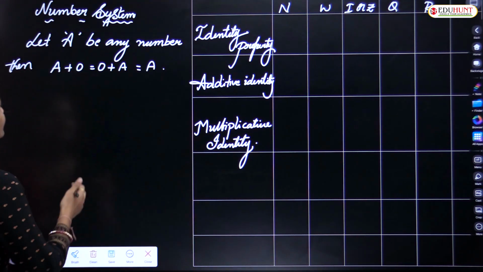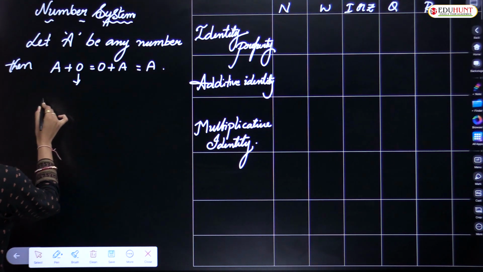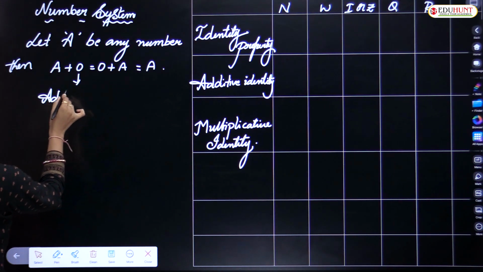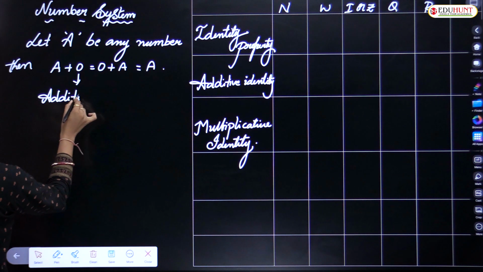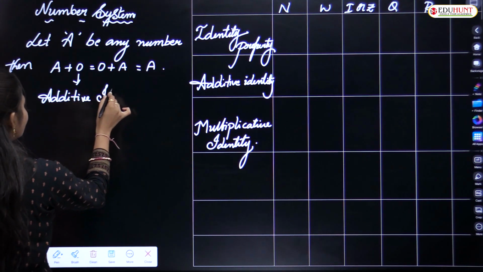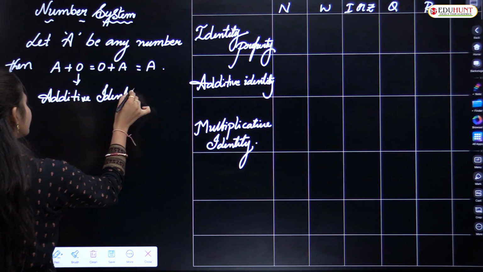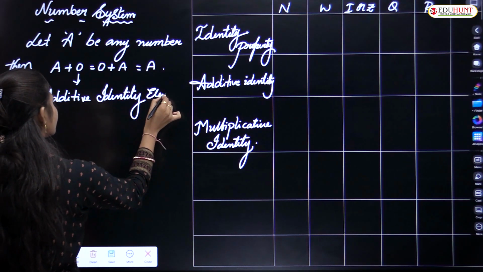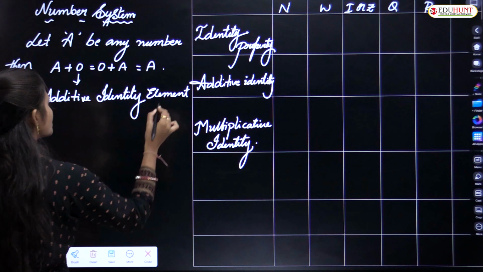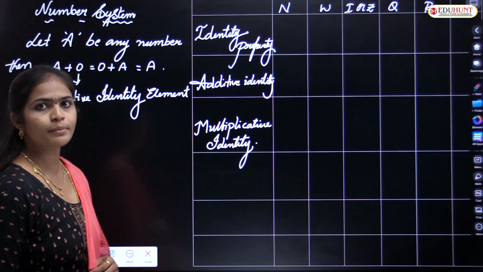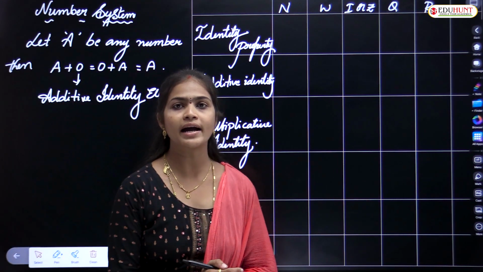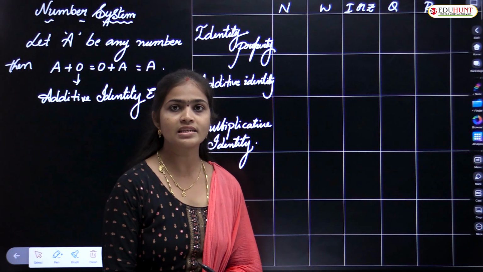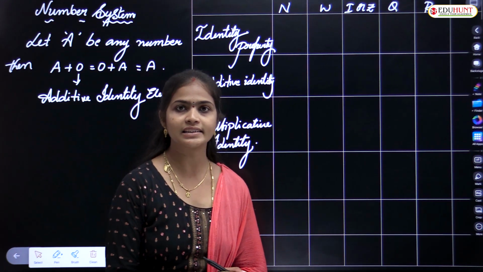That's why 0 is called the additive identity element.